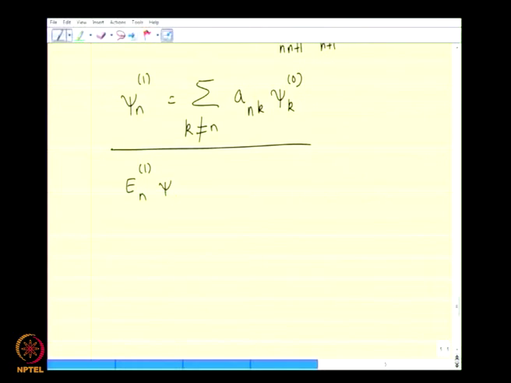The Hamiltonian operator was the one that we need to put on the left hand side. So we have H1 psi n0 plus H0 psi n1 is equal to E n1 psi n0 plus E n0 psi n1.